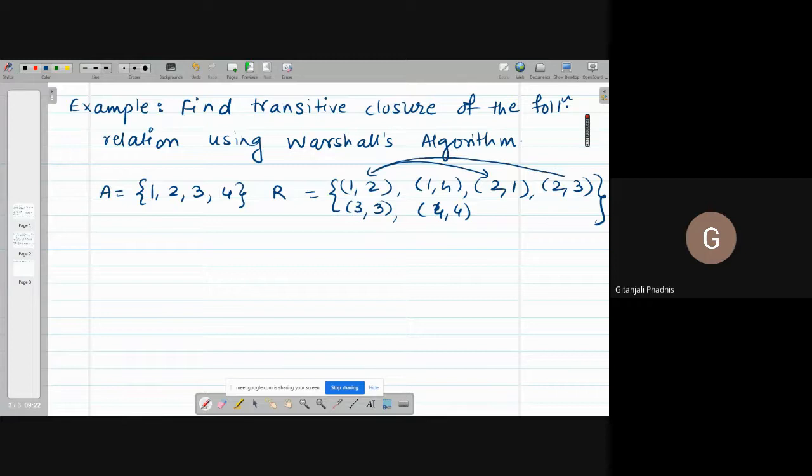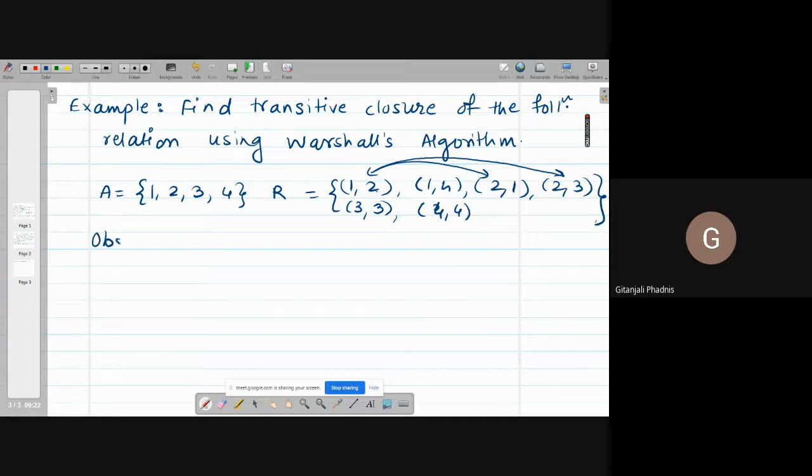Then (2,1) and (1,2) should give you (2,2). That is also not there. So this relation is not transitive.